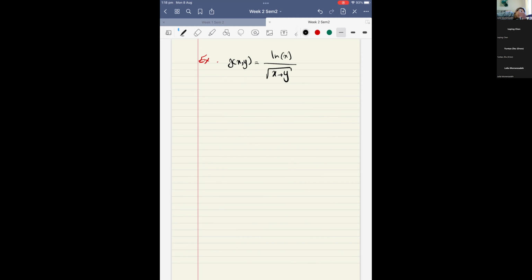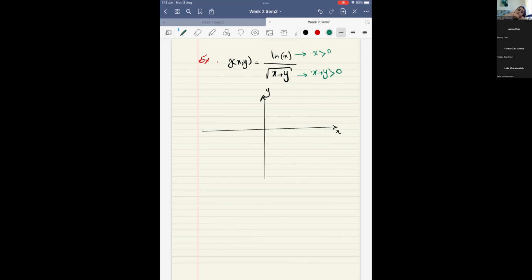Okay. Now, if I want to show you this one again, x and y. It means that for the ln of x, x should be more than 0. And for this one, x plus y more than 0 as well, not equal to 0, because it's in the denominator.